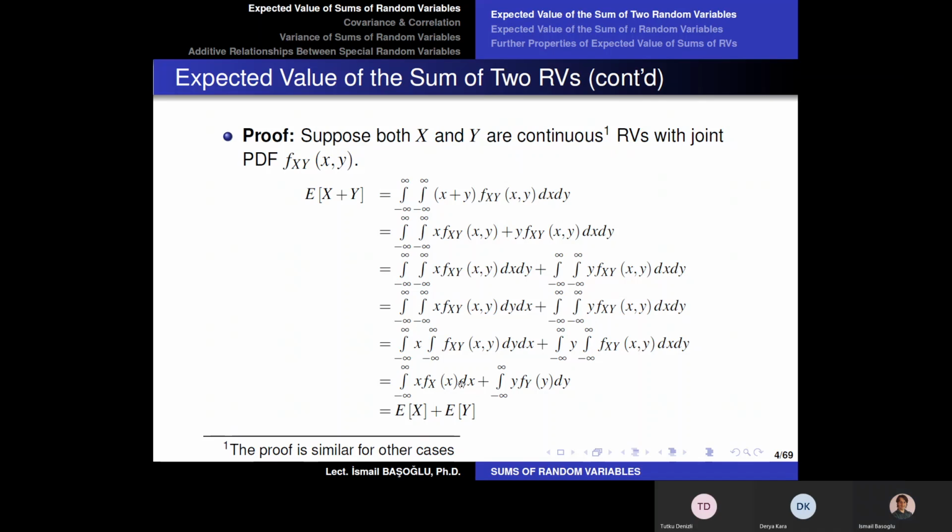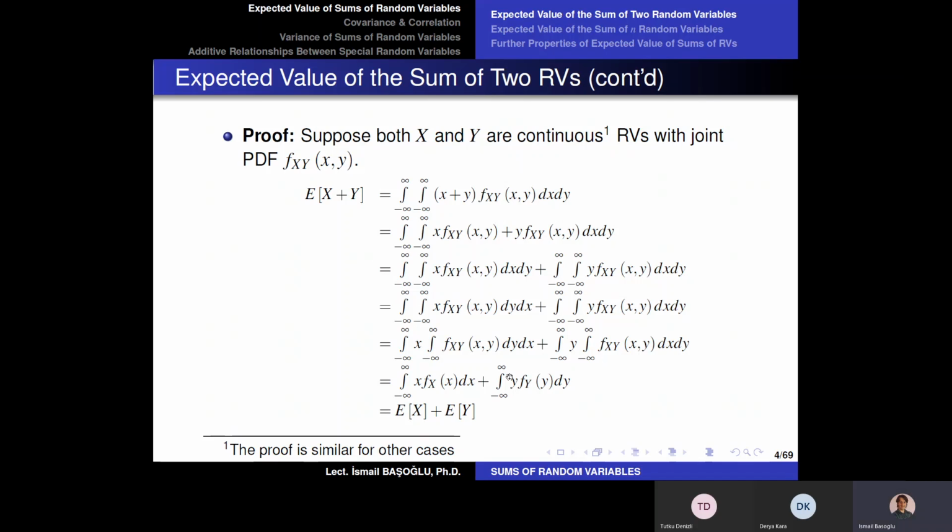Similarly, in the second integral, we have dx as the integral operator in the interior integral, and y is considered as a coefficient. Therefore, we can take y outside the first integral, and the interior integral will be the integral of the joint PDF with respect to dx, which is going to give us the marginal probability density function of y this time.